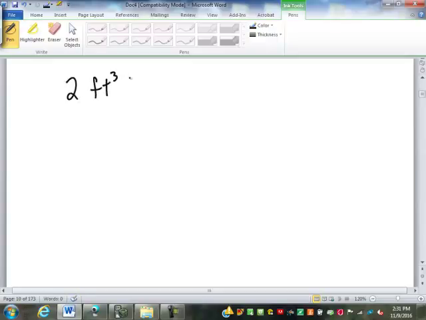Cubic feet. If I want to convert 2 cubic feet into cubic inches. Now, of course, we've said there's 12 inches in a foot, but there's not going to be 12 cubic inches in a cubic foot. 144 is the number of square inches in a square foot.